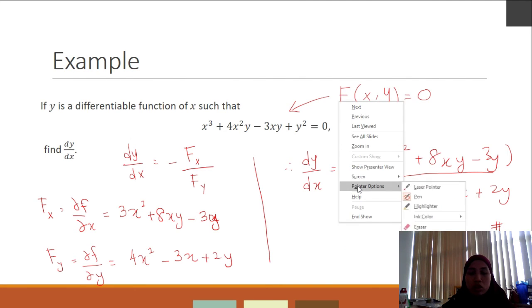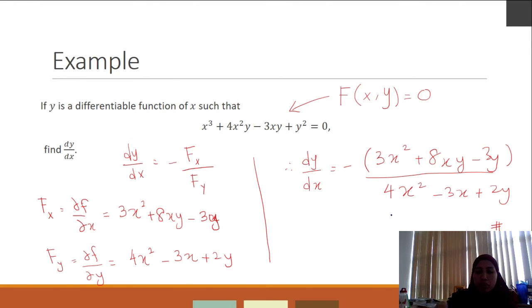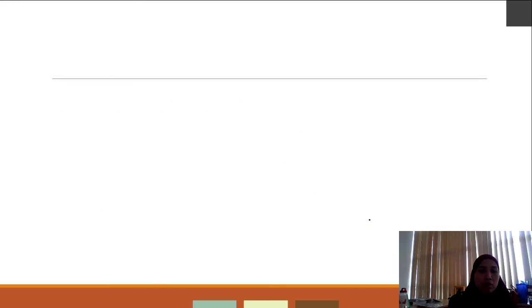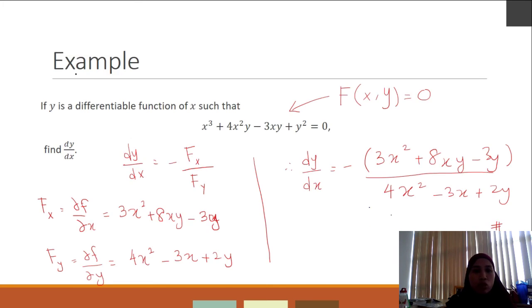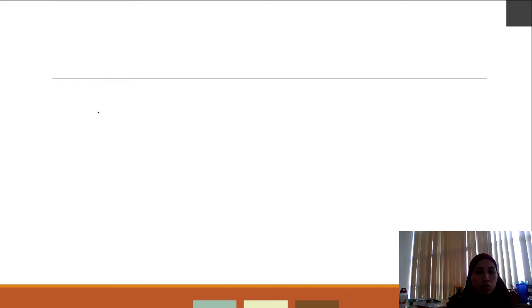Okay, for example, from the previous question, x cubed plus 4x squared y minus 3xy plus y squared equal to 0.